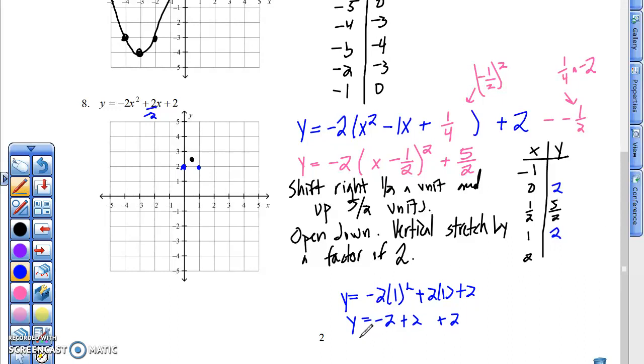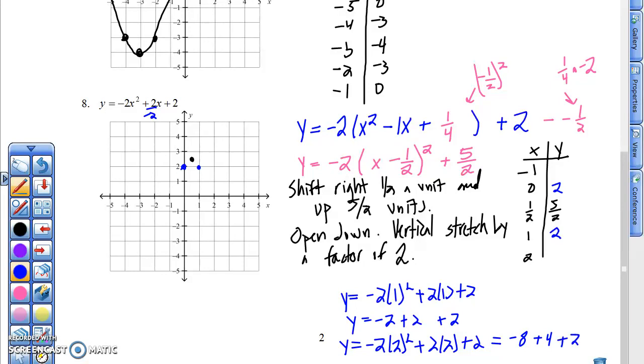And then at 2, negative 2 times 2 squared plus 2 times 2 plus 2. 2 squared is 4 times negative 2 is negative 8. 2 times 2 is 4, plus 2.